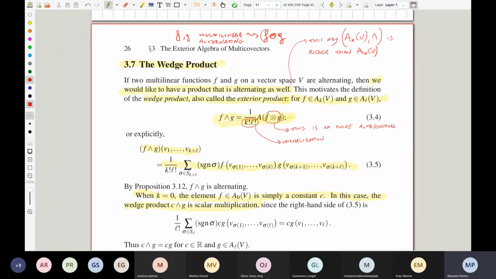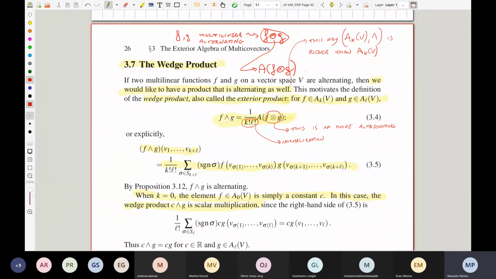And this is not alternating. So how would you define a product which is alternating? Well, start from here and take the antisymmetric part, and do the antisymmetrization.